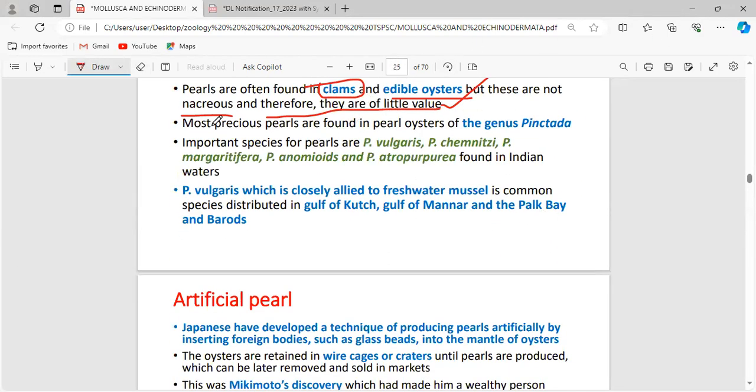Now, the most precious pearls are found in pearl oysters of the genus Pinctada. This is an important thing.